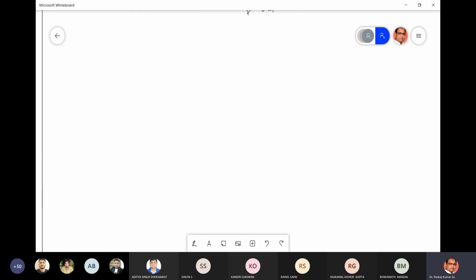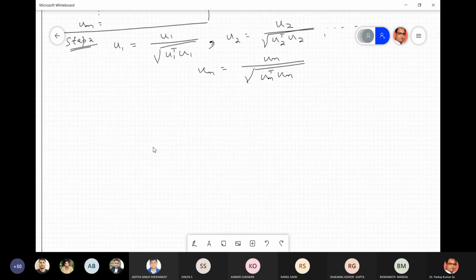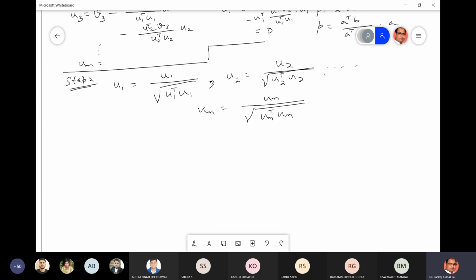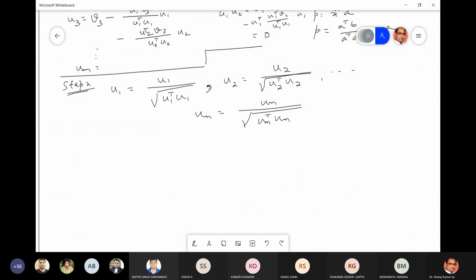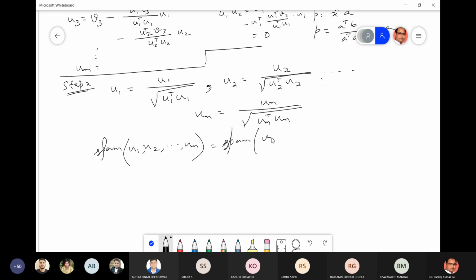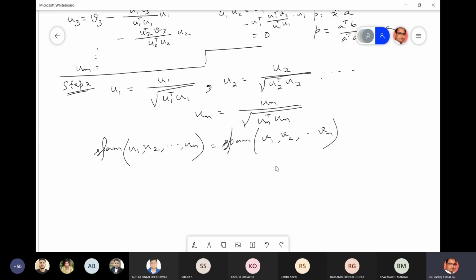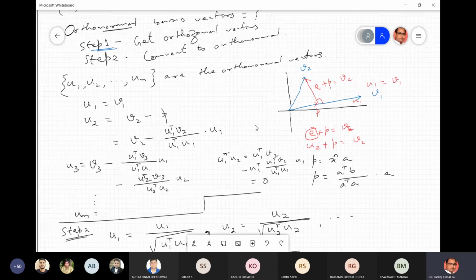The span of u1, u2 and the span of v1, v2 are the same. How are they same?